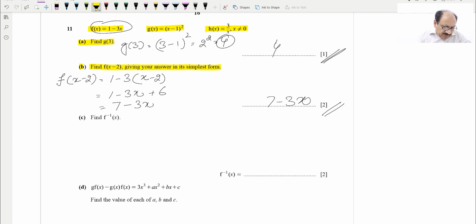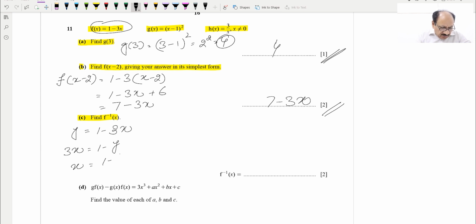Now part c says we need to find f inverse of x. So f of x is given, we can write y is equal to 1 minus 3x, and further we need to make x the subject, so we can write 3x is equal to 1 minus y, and then divide both sides by 3.